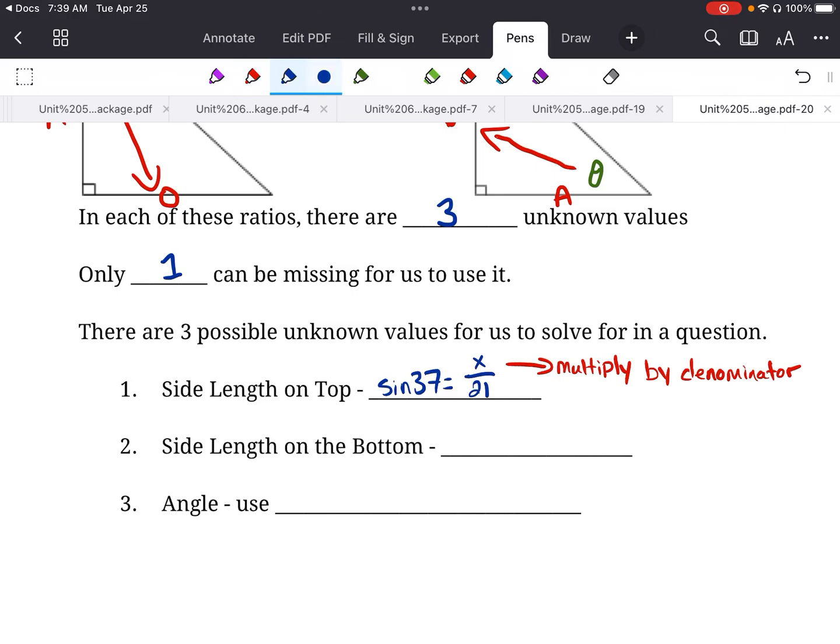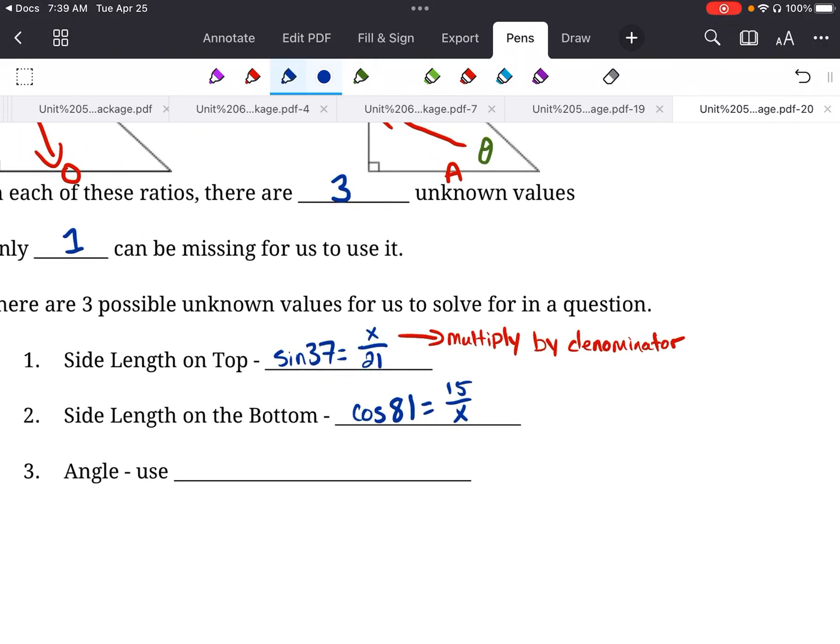If we're looking for a side length but the variable's on the bottom, so if we have cos 81 equals 15 over x, you swap the cos 81 and the x, so this becomes x equals 15 divided by cos 81.